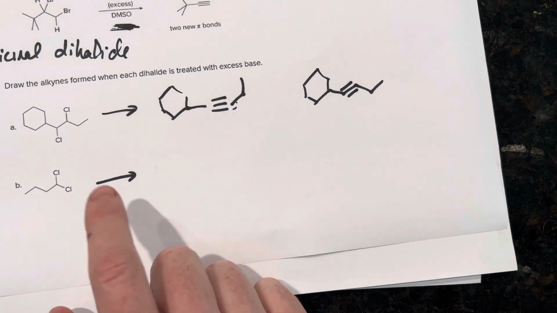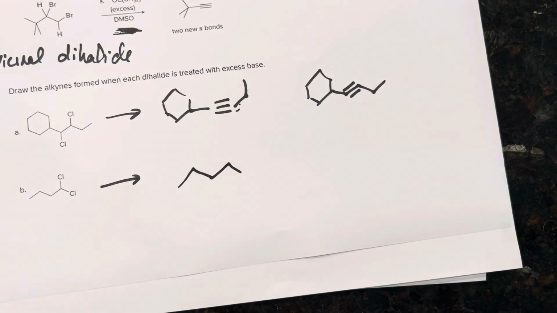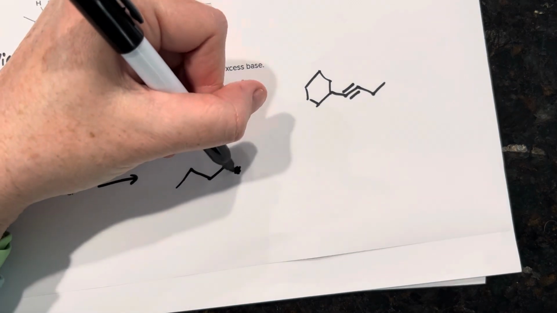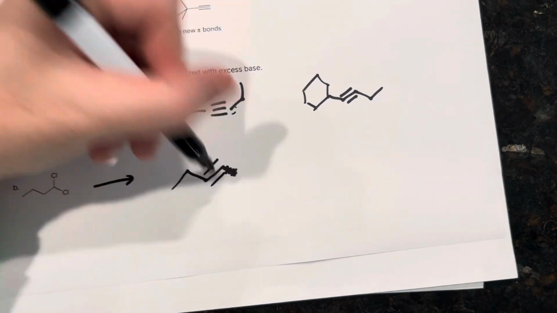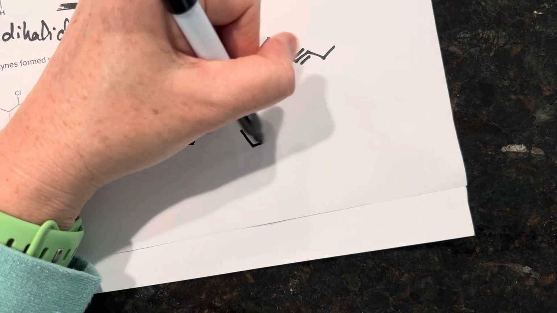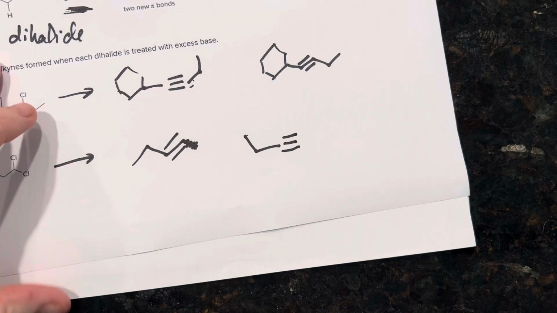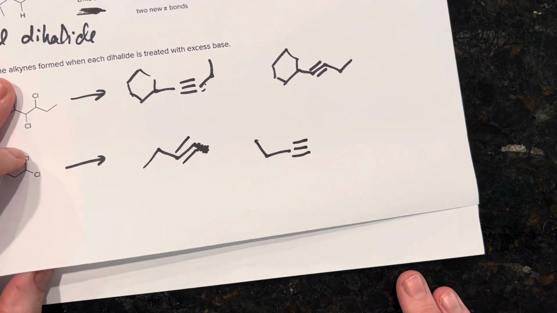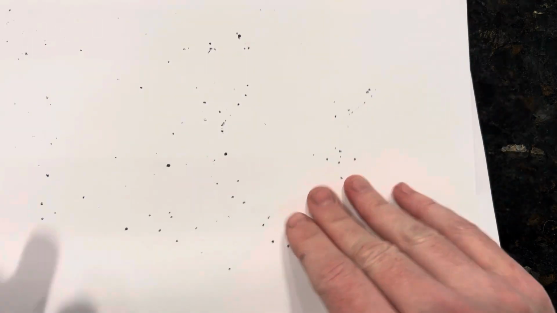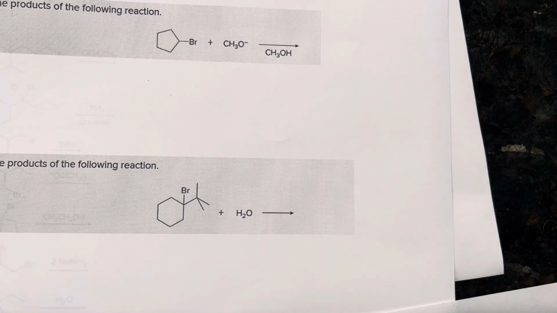So here we have another situation where I would want to go like that, and then draw my triple bond there. Or you could be fancy and do something like this, which is actually correct. Fancy is the correct way to do it. All right, hope that makes sense. Moving on.